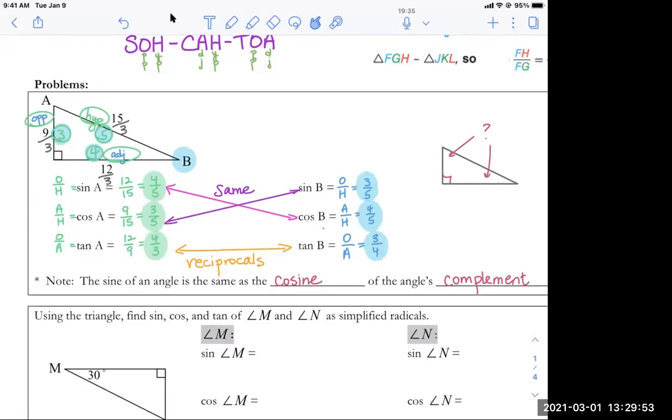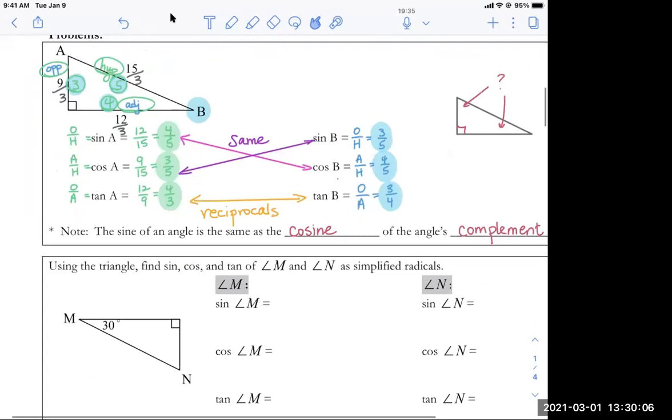Yeah, you're not using the hypotenuse, right? So that means when you switch your opposite and your adjacent, it just takes the fraction and flips it over. Good. Okay, so noticing that relationship can help you. If it gives you a right triangle, says find all the sine, cosines, and tangents for the whole triangle, you can do one of them. Just be really careful with the one column, and then you can just transfer it over to the other one.